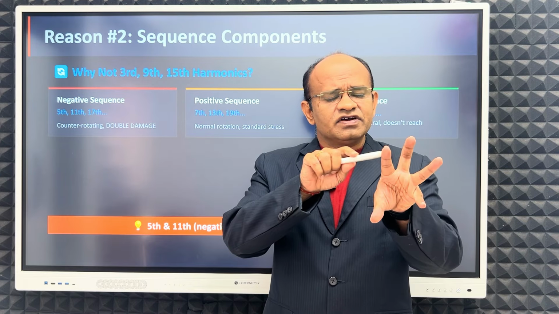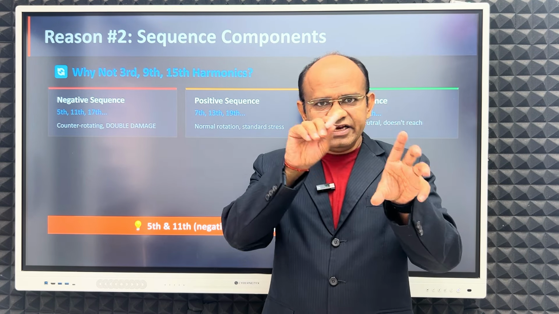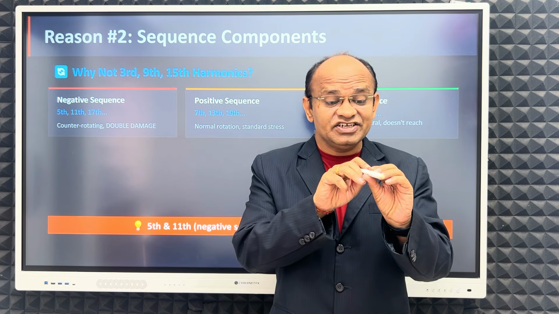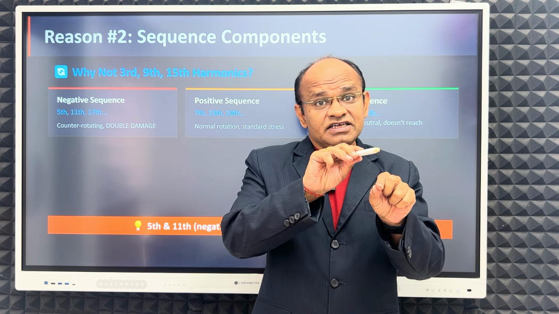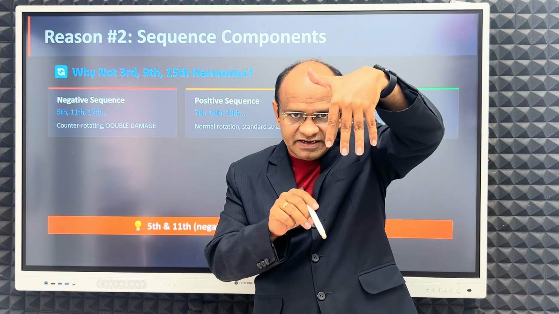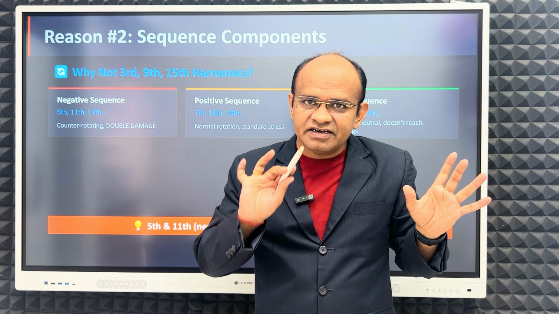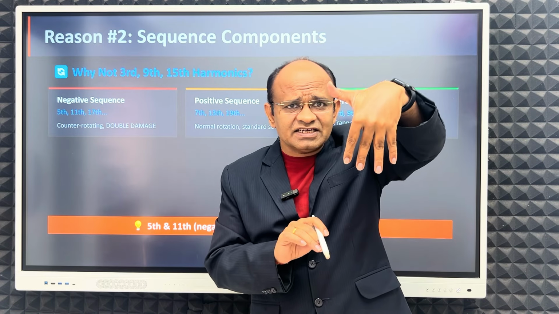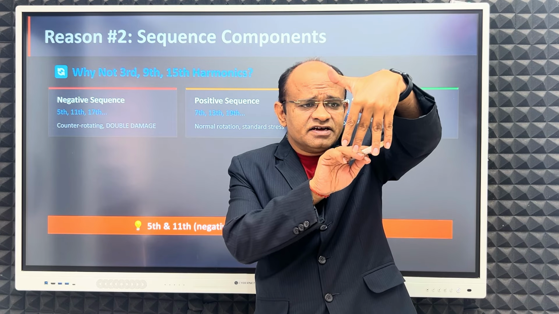See, as I have explained in detail in the generator module, consider the conductor in a rotor. When the conductor is moving and cutting, parallel lines are there. We are seeing a round alternator. These magnetic lines are cut by the conductor.